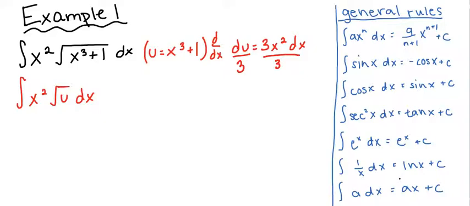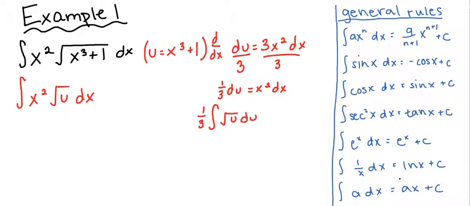You will get 1/3 du equals x squared dx. You will then notice that the x squared and the dx are in the original integral. That way you can sub du in for both. So then you will get 1/3, because it can be brought out, times the integral of square root of u du.